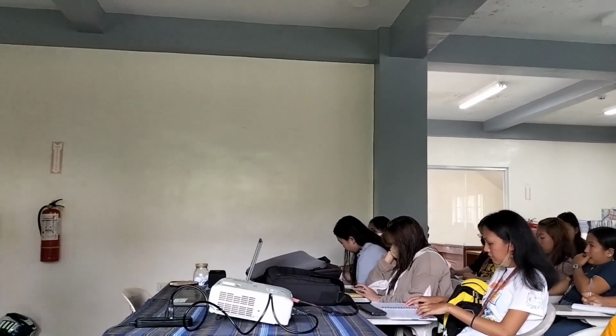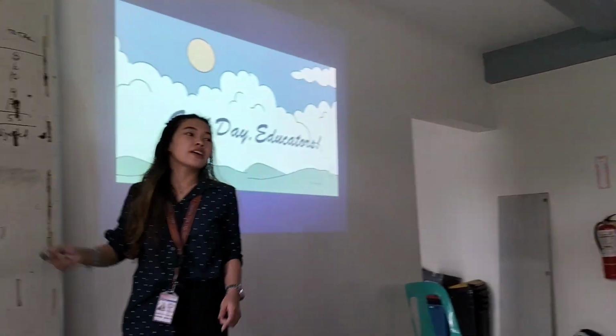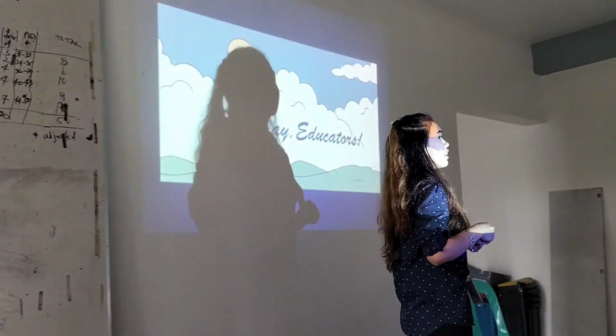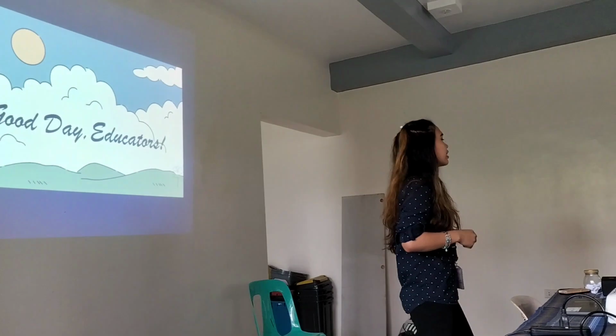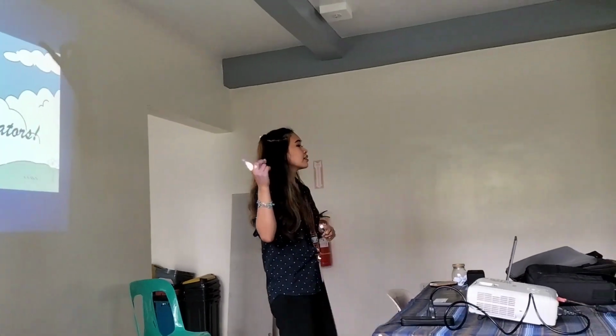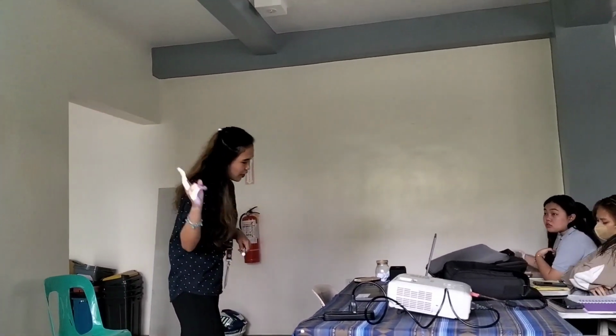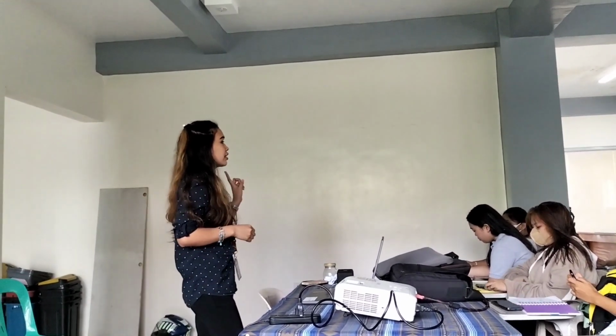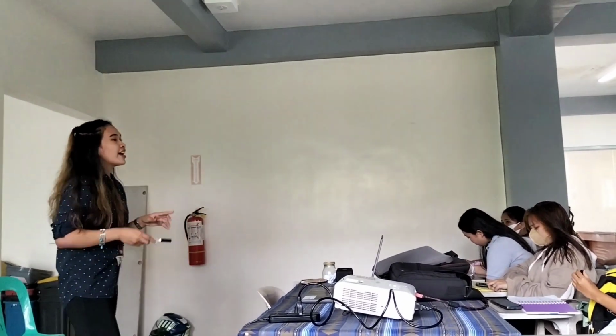Start with letter P, ends with letter E. Purpose. Very good. So, what are the two targets that we have in assessment? Learning target and cognitive target. Very good. And what are the two things that we should consider or the category in making an assessment method? Appropriateness of assessment method and properties of assessment method.